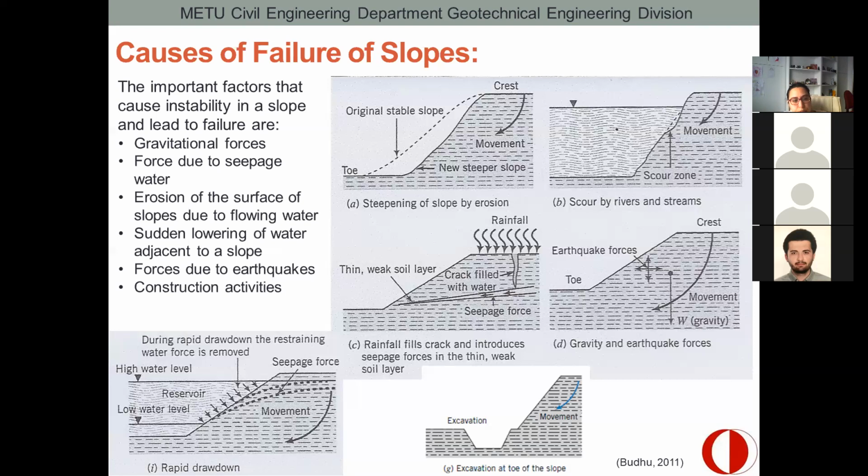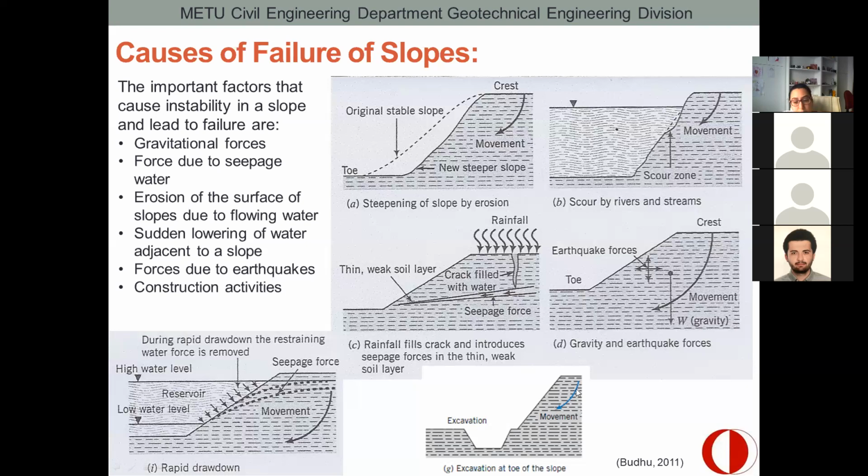Another reason for slope instability may be construction activities. Sometimes you can design a slope and then keep excavating, and if this slope is not perfectly designed or just about to fail, as you keep excavating, you can see some slope failures.